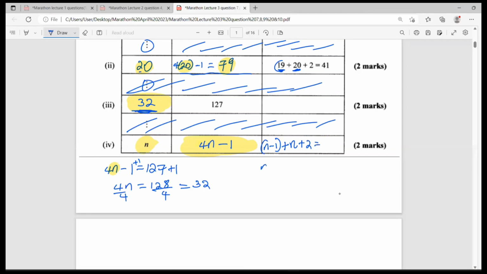Now, when you look at this, it is N minus 1 plus N plus 2. Isn't it true that you'll end up with 2N and then a plus 1? Because N and N becomes 2N. Negative 1 and a positive 2 becomes positive 1 when you add. So the final thing that you must say is 2N plus 1.